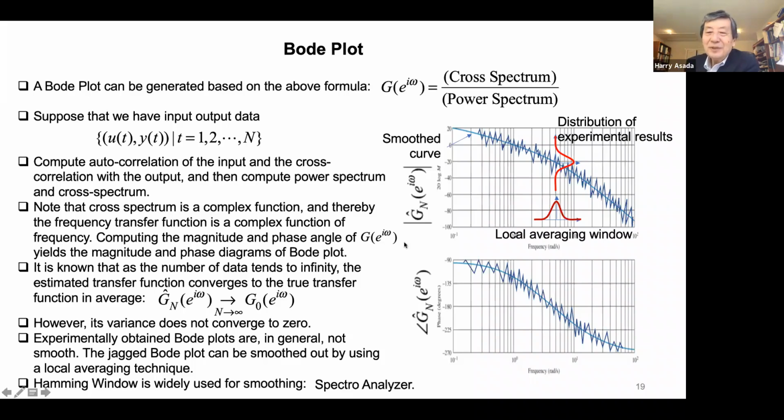Spectral analyzers sample the input u(t) and output y(t), and then inside it's basically a multi-step operation. One is computing the autocorrelation and the cross correlations, and then converting them to the power spectrum and the cross spectrum, and taking the average. The third step is to apply this Hamming window and smooth it out, and then you get a handsome plot in here. That is the story.